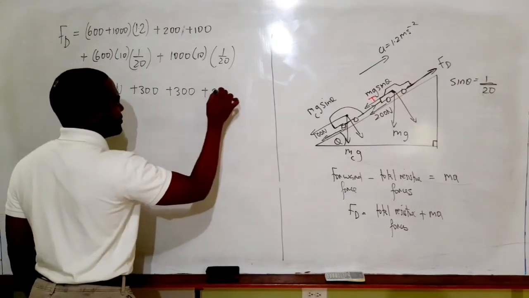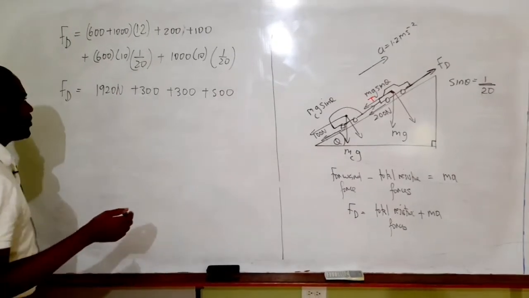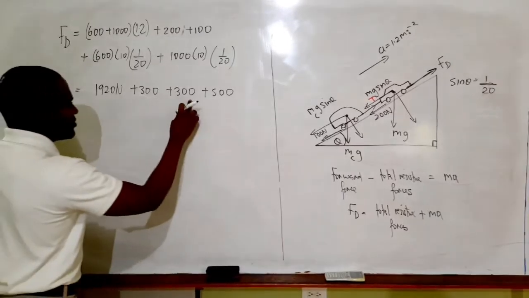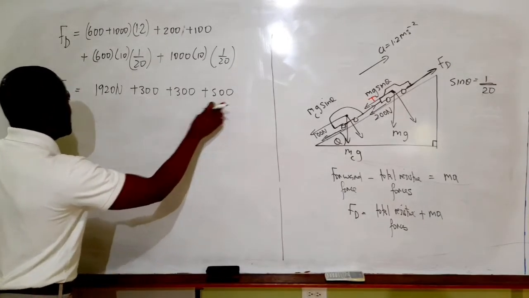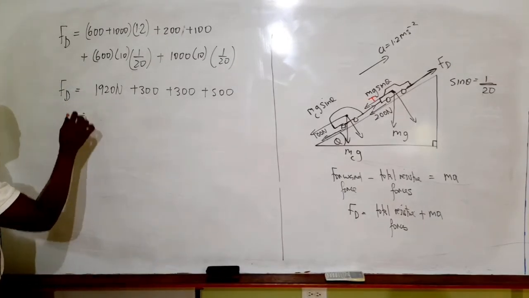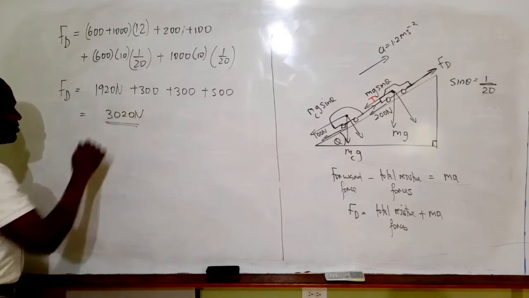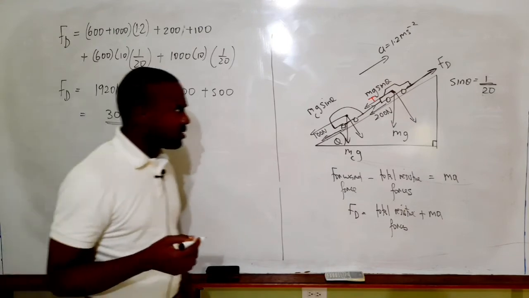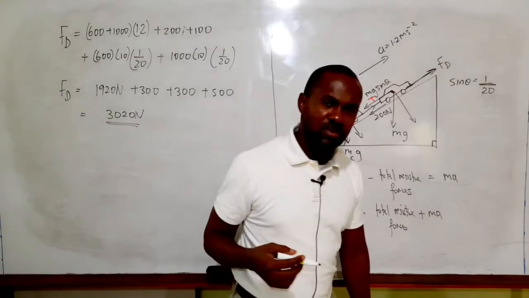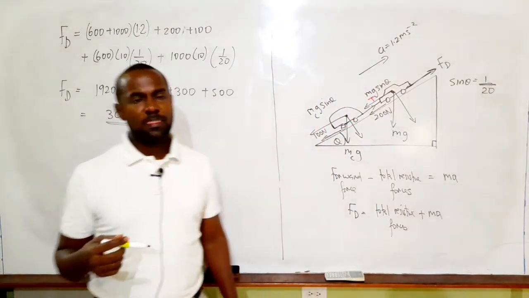So plus 500. And when you add that all up, 300 plus 200, 600 plus 500, 1,100. And so this gives us 3,020 newtons. So the driving force acting on the car is 3,020 newtons.